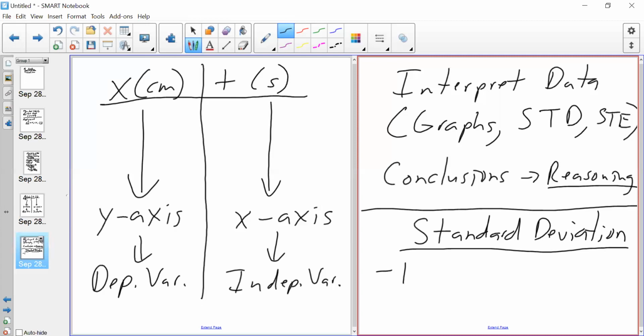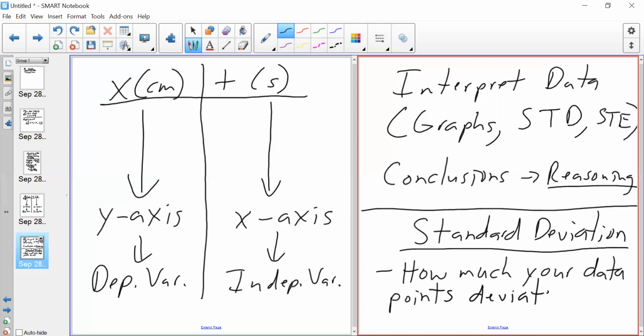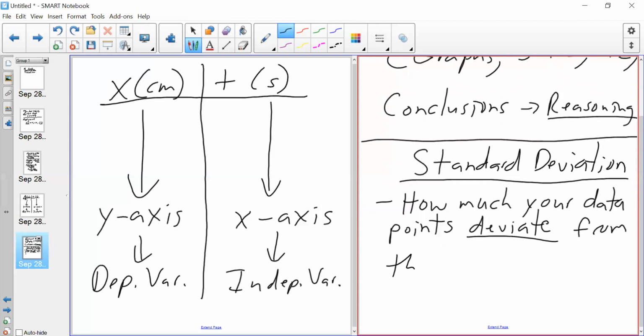Standard deviation. Basically, standard deviation is a measurement of how much your data points deviate from the average.